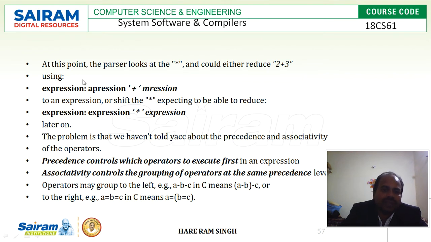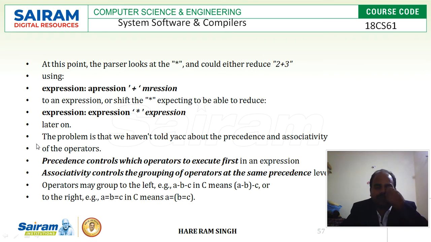At this point, the parser looks at the star and can either reduce 2 plus 3 using expression plus expression to an expression, or shift the star expecting to be able to reduce expression into expression later on. That is why it is an ambiguous grammar.